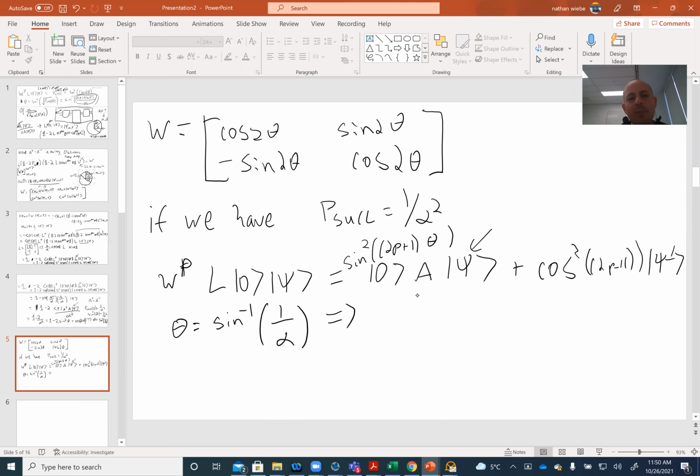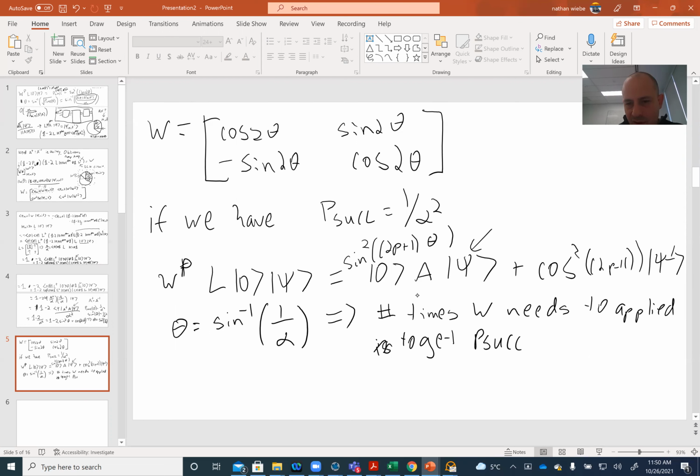And this implies that the number of times that W needs to be applied to get P suck equals 1, using again the trick that I mentioned last time where we purposefully lower the success probability for the circuit, is in order alpha.